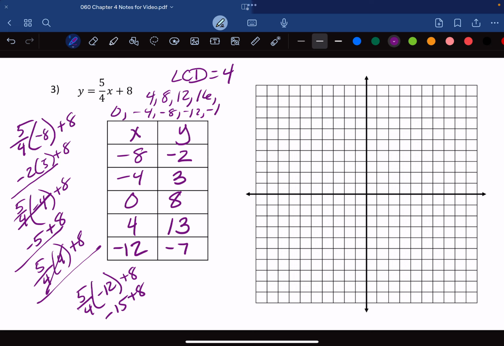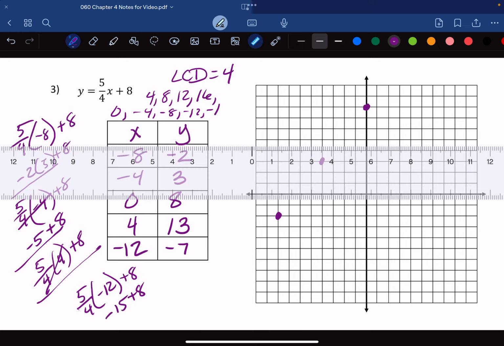I'm going to leave my grid as is because I have my largest number is 8 and -8. So x is -8, -2, -4, 1, 2, 3, 4, +3, 0, and then 8, 4, 6, 8.